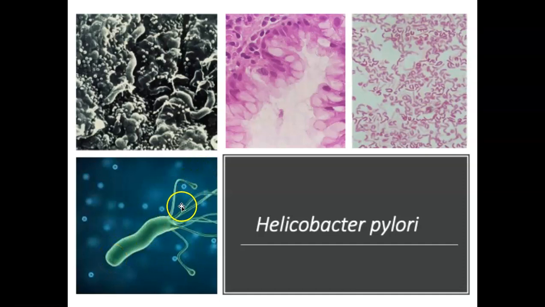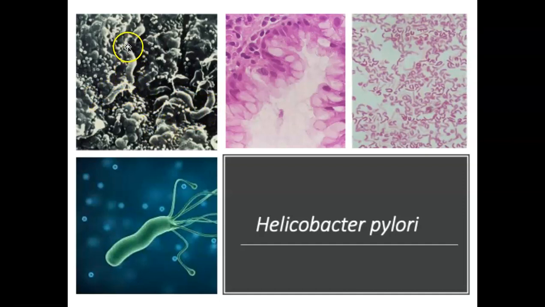Notice that it has flagella at one end. It has multiple flagella at one end. That's another distinguishing characteristic of H. pylori. On the upper left-hand corner here, this is a scanning electron micrograph image showing these H. pylori bacteria in the intestinal tract.